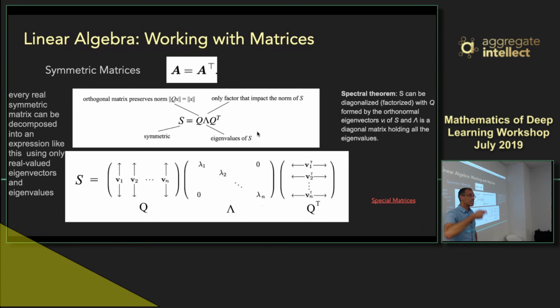So if we have an n-dimensional matrix, it has n eigenvalues, and for every eigenvalue, which is a scalar, you have the corresponding eigenvector. You take those n-dimensional eigenvectors, stack them up together, rotate them, and multiply by a diagonal matrix that has the eigenvalues on the diagonal. Do all of this, and it gives you your symmetric matrix.